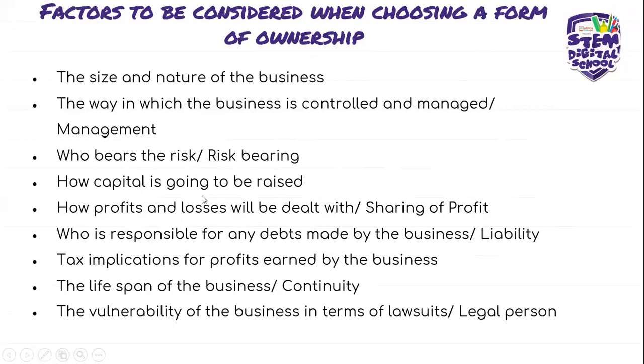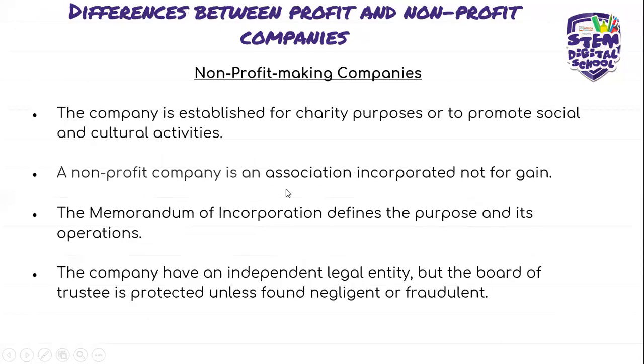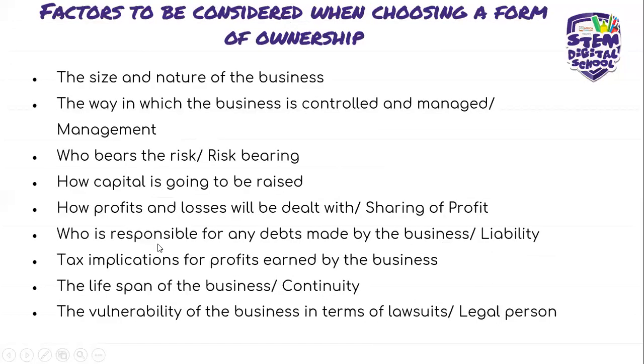So now, if I say, list 5 or 3 factors to be considered when choosing a form of ownership, you must be able to know the following line items. Basically, this is going to help you a lot, because come exam time, you won't be confused. You would know your stuff, right?